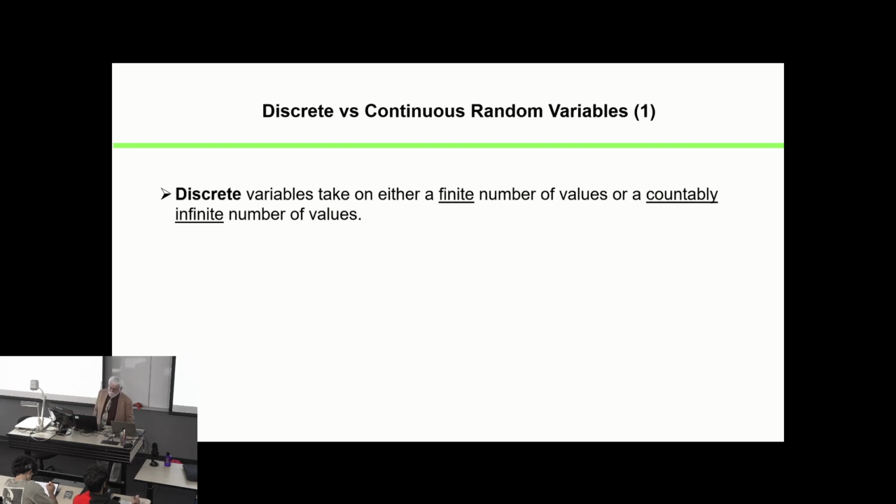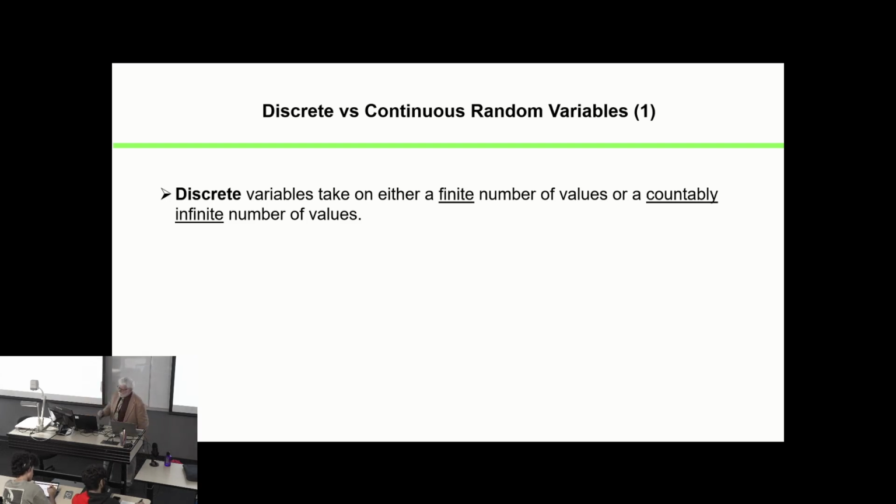So first of all, we have seen that discrete random variables take on either a finite number of values or a countably infinite number of values. The binomial distribution was an example where there were a finite number of values. You know, x could take on integer values of 0, 1, 2, and so on up to n, the number of trials.